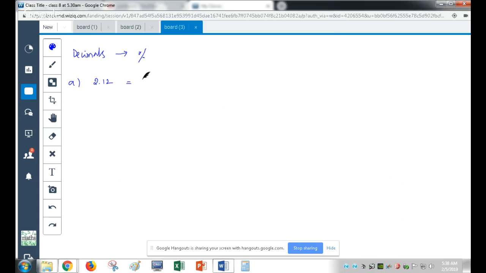First you convert this into a fraction. Remove the decimal place. So 2 decimal places you are removing, so you will be getting 100. If 1 decimal place is to be removed, suppose 3.1 is there, then 31 by 10.